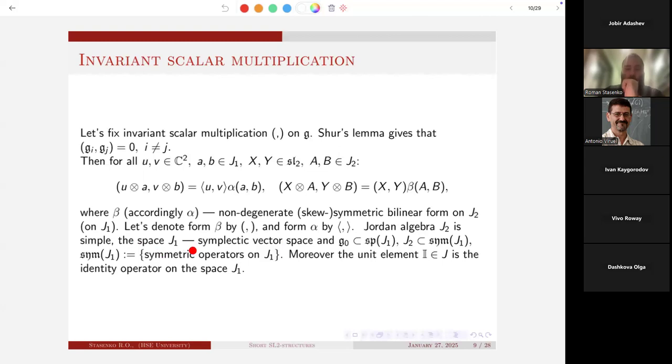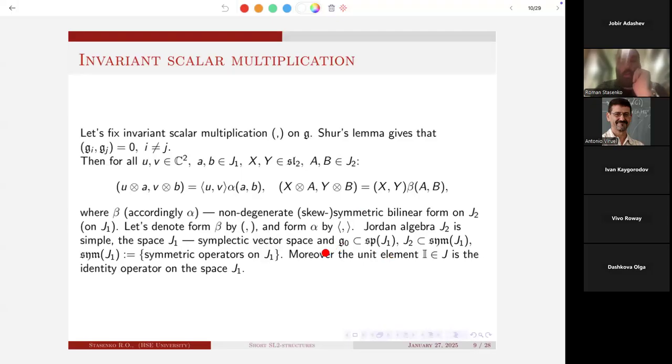The space J1 is a symplectic vector space, and J0 is a subalgebra in the Lie algebra of all operators skew symmetric over the skew symmetric bilinear form, and J2 is the Jordan subalgebra in the algebra of symmetric operators, all these with respect to the skew symmetric bilinear form.